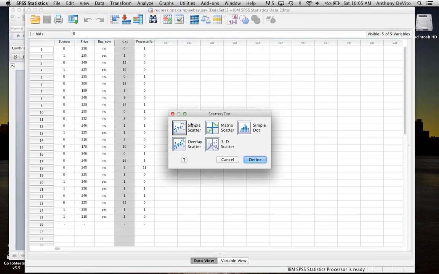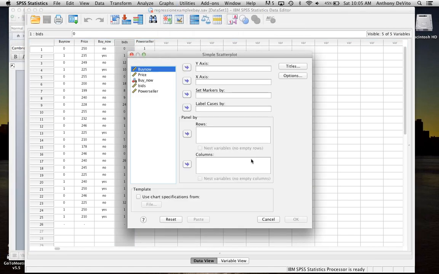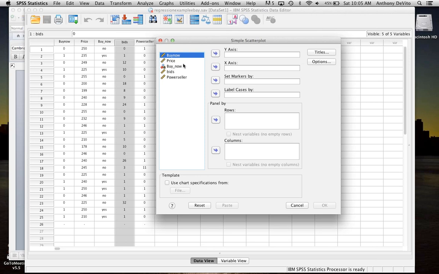So I'm going to do a scatter/dot and simple scatter. Since I'm doing correlation, it really doesn't matter which one I put in the X and Y axis, but I just want to stay consistent. Basically, what I'm saying is that the price determines the number of bids that I get. So I'm going to put the price as the predictor variable, or independent variable, on the X axis, and the number of bids generated as the dependent variable, or the outcome variable, on the Y axis.